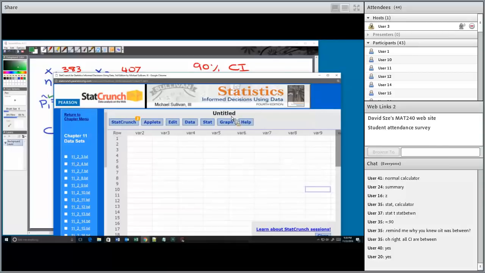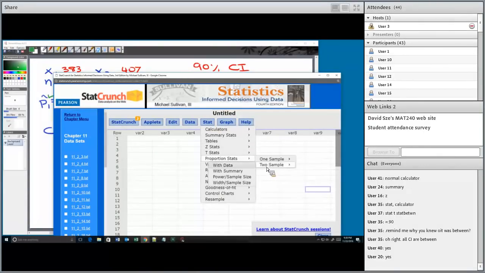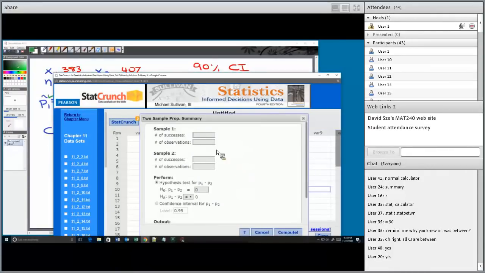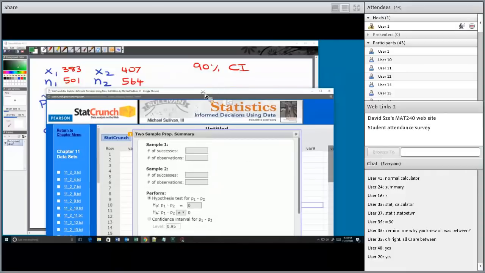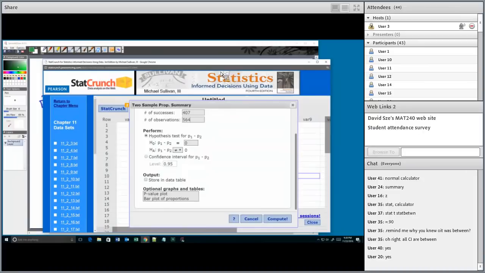So I'm going to go to stat and I'm going to go to proportion stats. I'm going to go to two sample and with summary. Same way as I did in the previous problem. I'm going to plug in these numbers 383, 501, and 407 out of 564. And instead of performing the hypothesis test, I'm going to choose confidence interval.